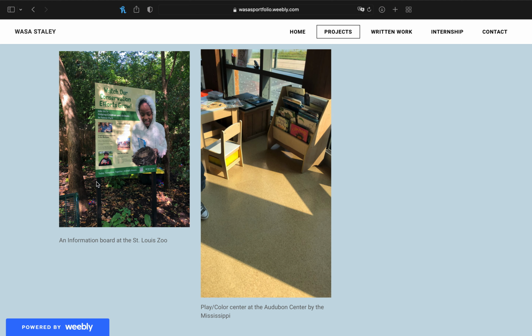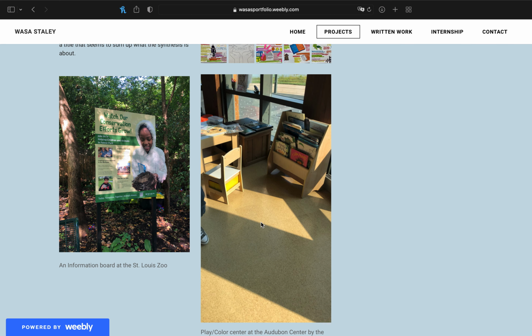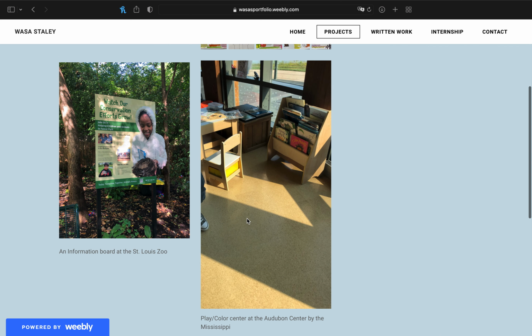So it was kind of going along the lines of seeing through a student's or a child's lens, like what else is there that you can base projects off of at a zoo than just looking at animals. And this next picture in the center is of a play, color, and reading section for little people at the Audubon Center by the Mississippi River.